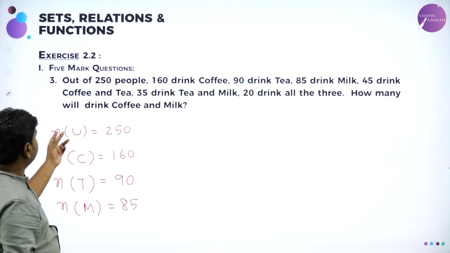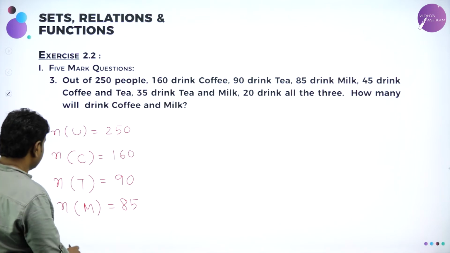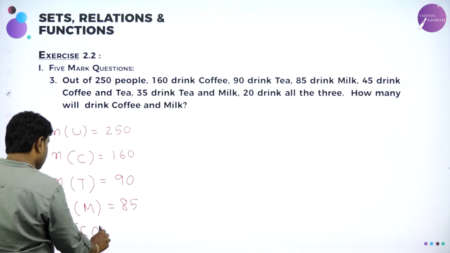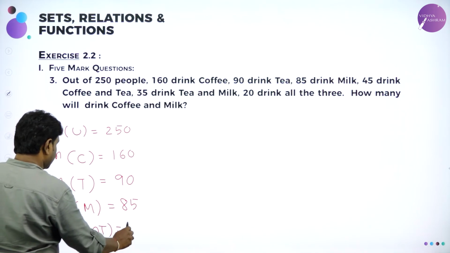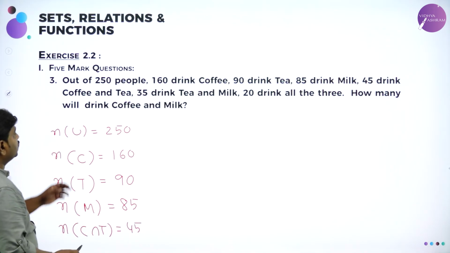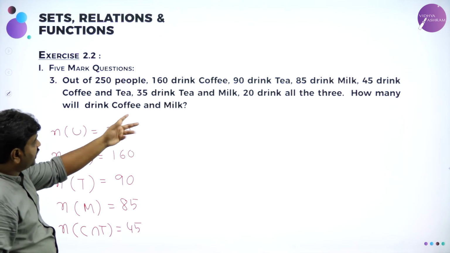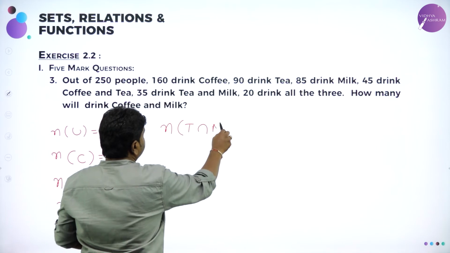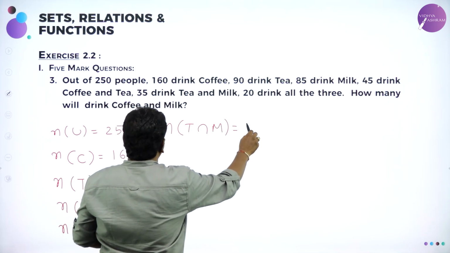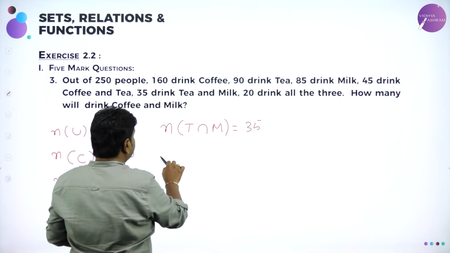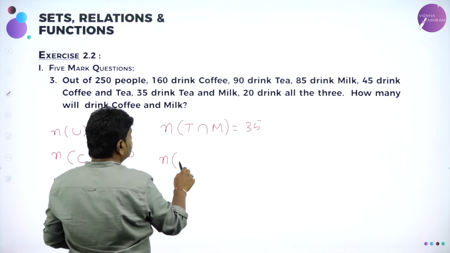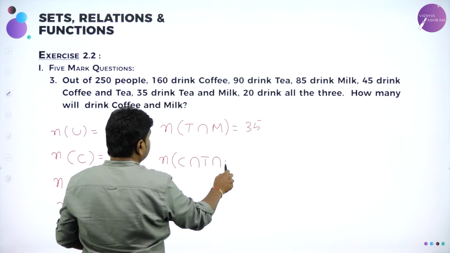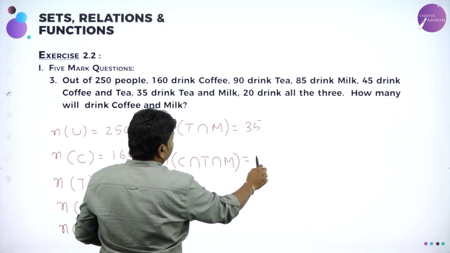Then 45 drink coffee and tea, C and T, 45. Then 35 drink tea and milk. 20 drink all, which means coffee and tea and milk is 20.